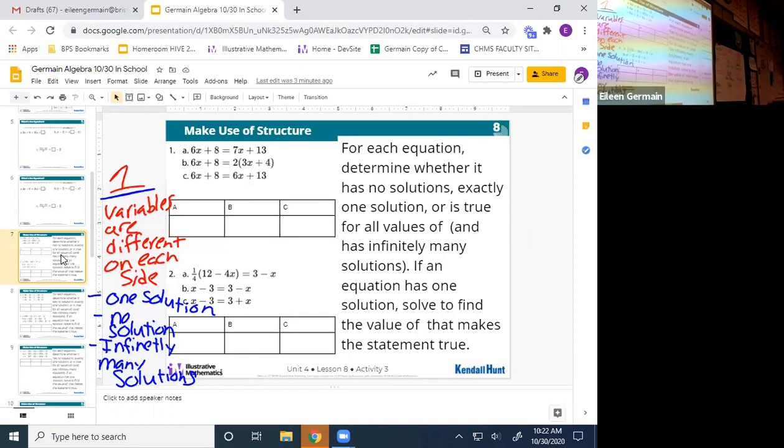So my friends at home, Max, I'm going to have you give me the answer for 1B. Gabe, I'm going to have you do 2A. Naseem, can I have you do 2B?